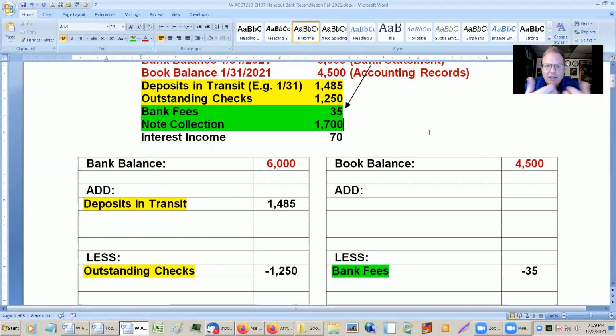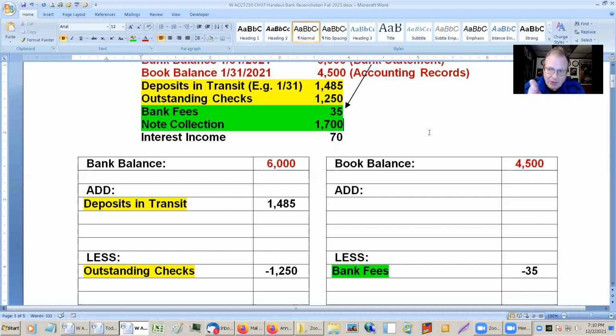Now, let's say that this is a bicycle shop, and they sell a fairly expensive bike for $1,700. And the customer gives them a note. They say, okay, a note's similar to a check, so that's fine. Now, this is a bicycle shop. They're not in the business of collecting notes.